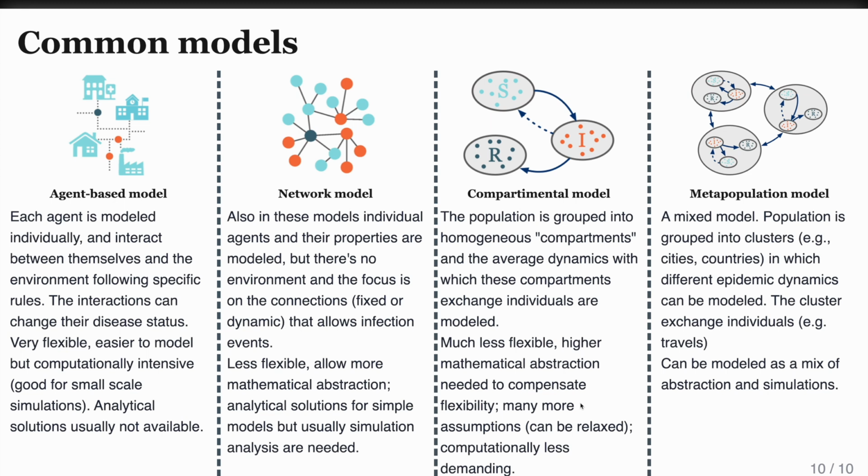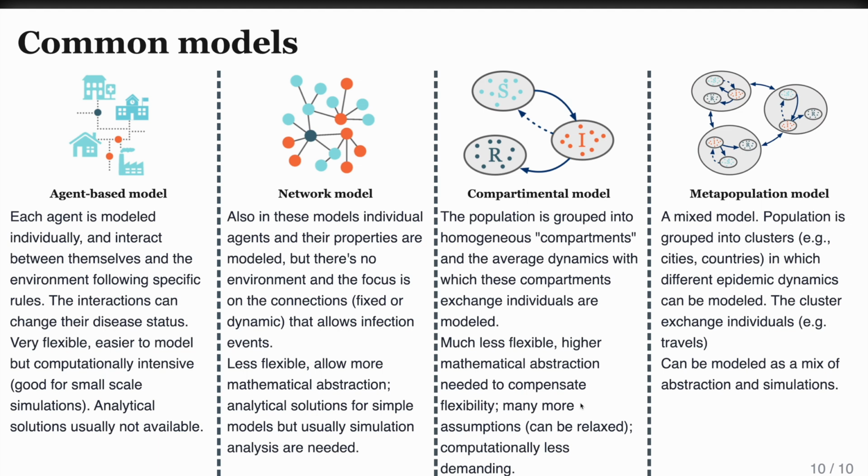They require a lot of computational power to be run, but they are extremely powerful. Then there are the so-called compartmental models, which are the focus of this course and are much more simplified. You divide your population into compartments defined by certain characteristics, and then you just model how people move from one compartment to the other.